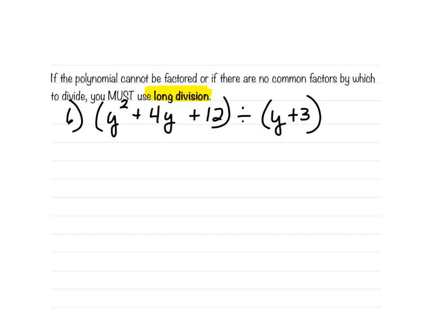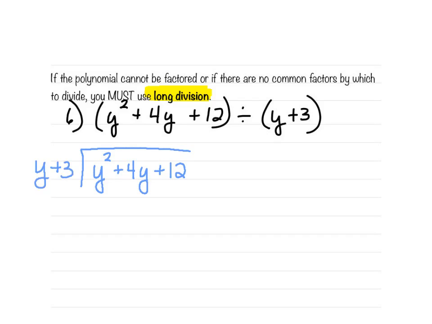But instead of just with numbers, we're going to use long division with expressions, polynomials. So you would set this up as you would any long division problem. y squared plus 4y plus 12 divided by y plus 3.